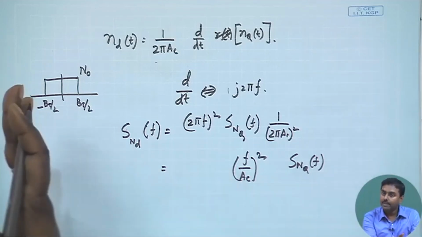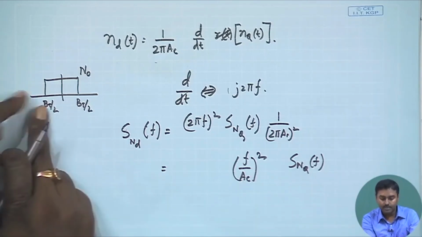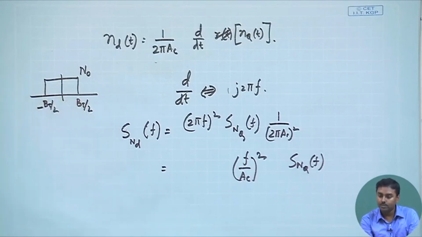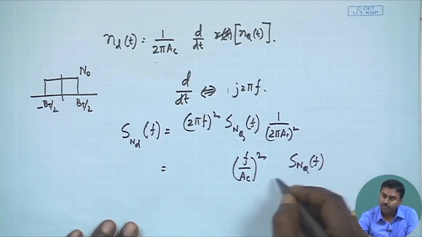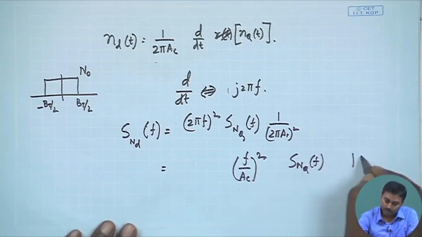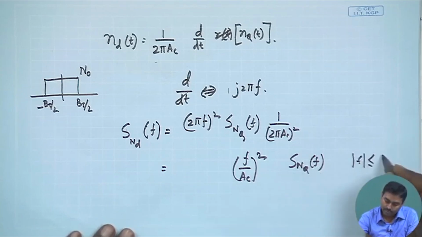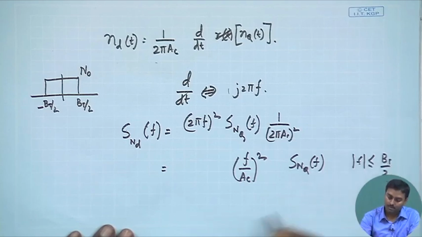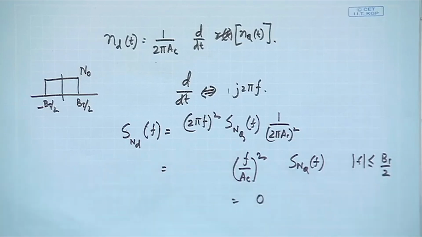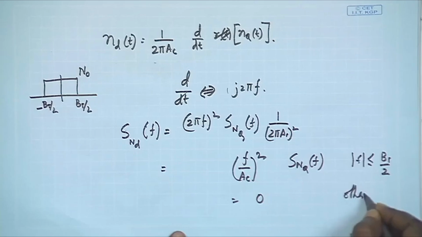Remember, the filtering was already employed, so this must be defined from minus Bt by 2 to plus Bt by 2. This is true if mod f is less than or equal to Bt by 2, and it must be 0 otherwise, because there is no noise, as it has already been removed due to the ideal nature of the band pass filter.